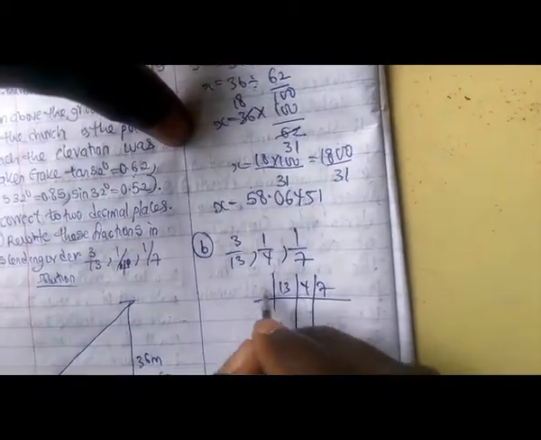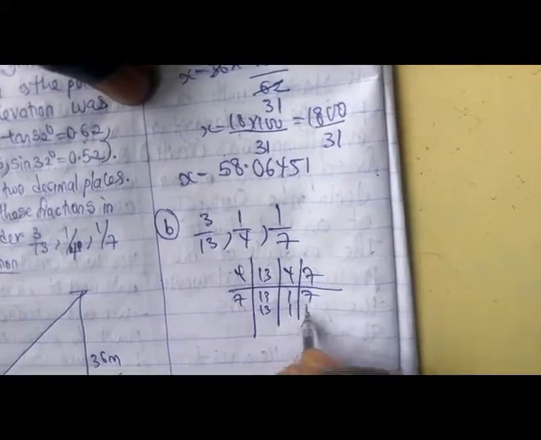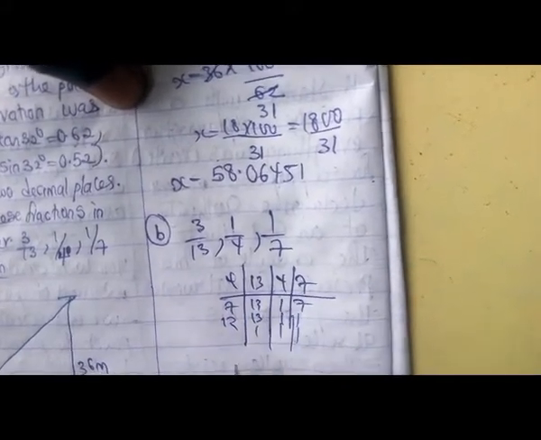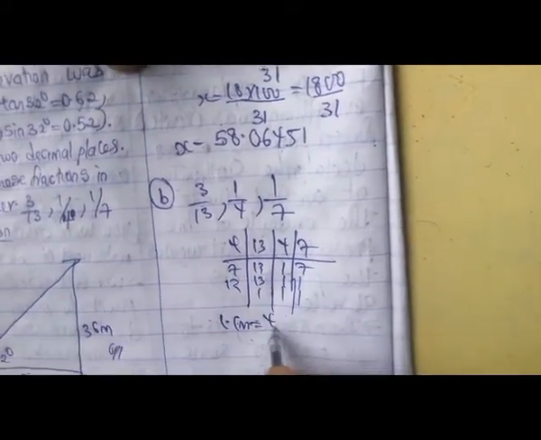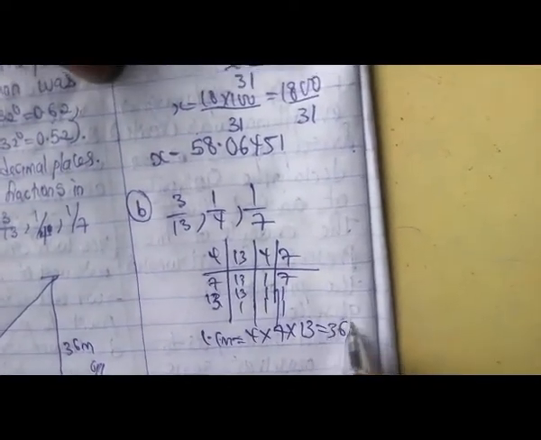The LCM here, let's use 4, 13, 7. So our LCM is equal to 4 times 7 times 13, and that gives me 364.